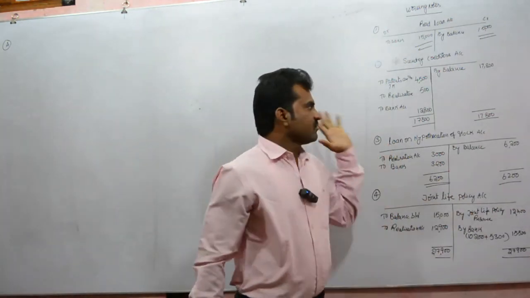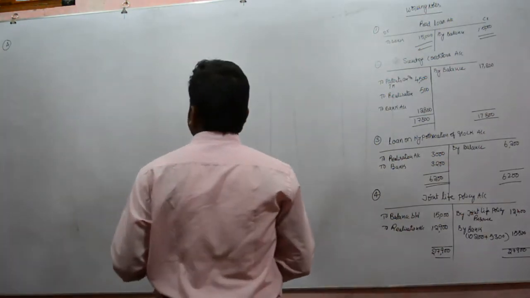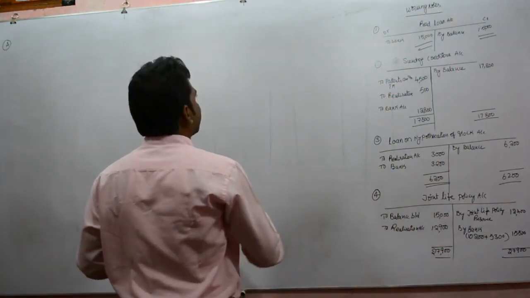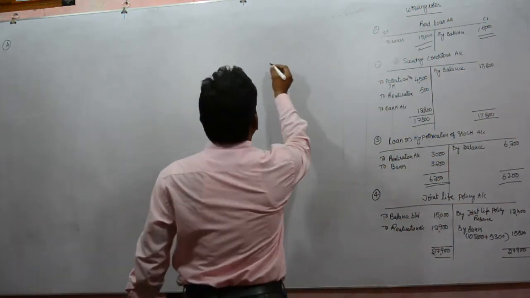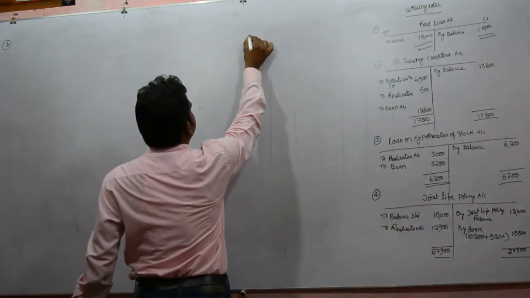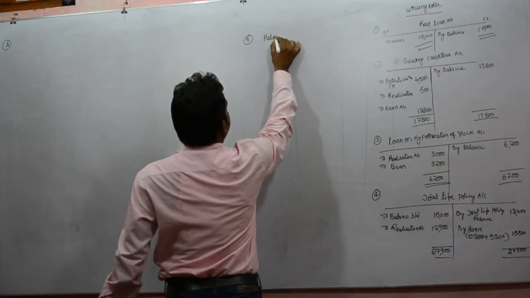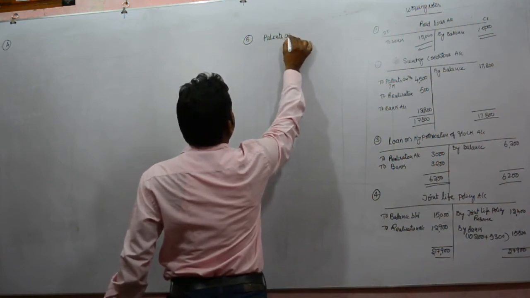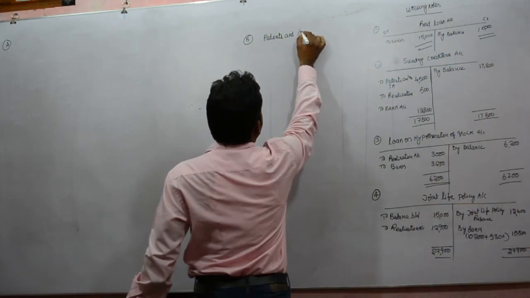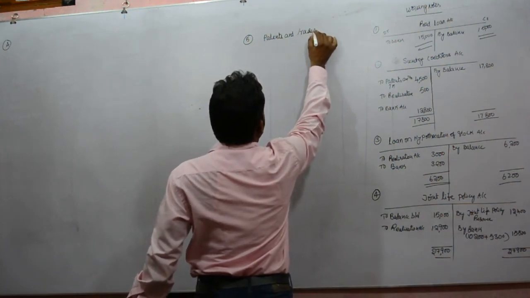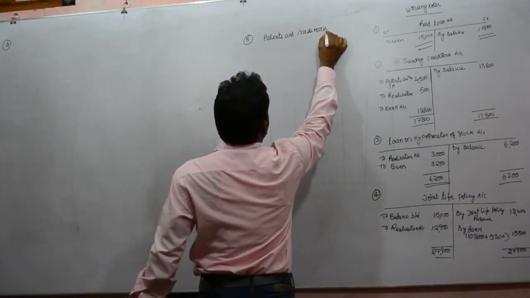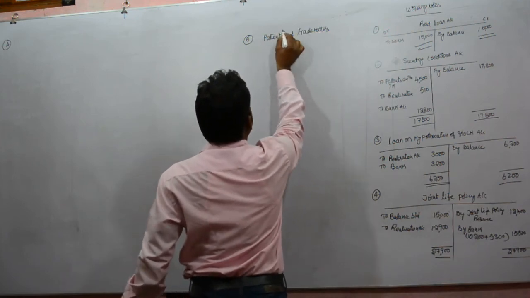Clear? Then another account is there, that is patents and trademarks. Working note 5. Patents and trademarks.